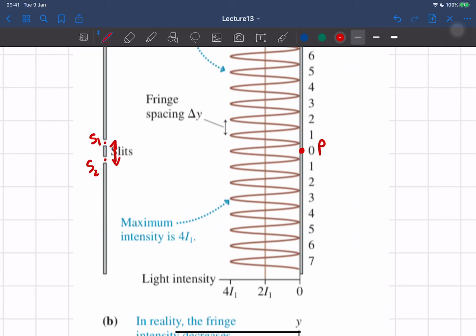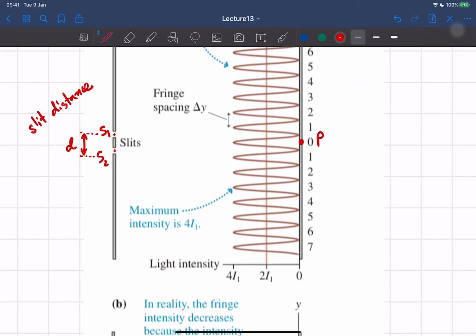Okay, so S1 and S2 is usually very small. Normally, we're going to use the parameter d to indicate the distance between the two sources. d is sometimes called the slit distance. Okay, it's a double slit. Slit means hole, so it's the distance between two holes, and that's what we call small d.